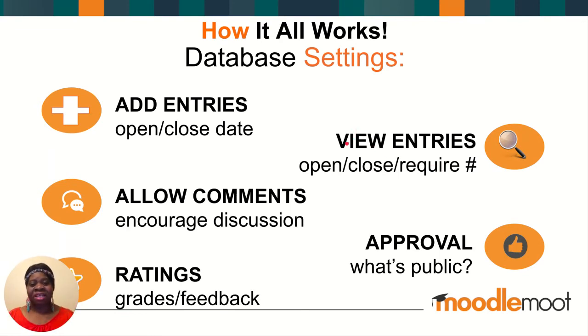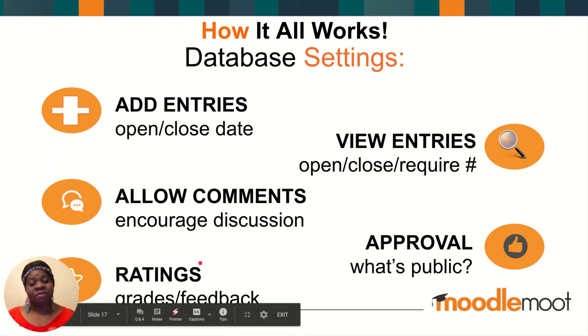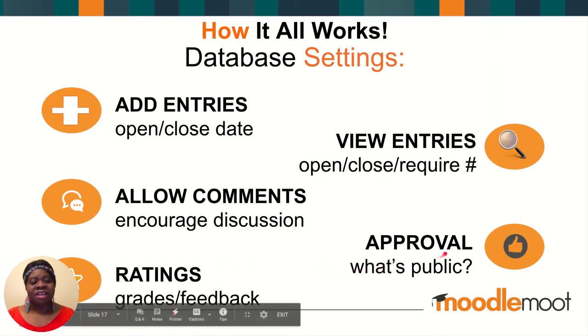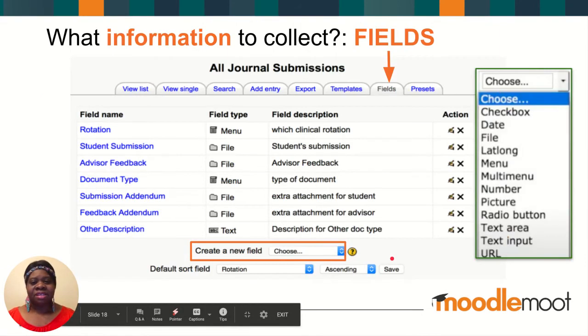This page is a snapshot of all the different settings, right? Encourage discussion. You can do ratings, okay? If you need to give feedback or grades, actual points and scores, or do you want to use a vote up, vote down system? Number of pluses to vote a topic up or down. And then what is public, what is visible, is using the approval system there.